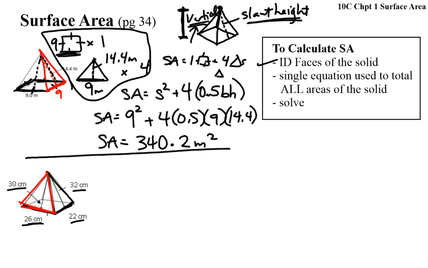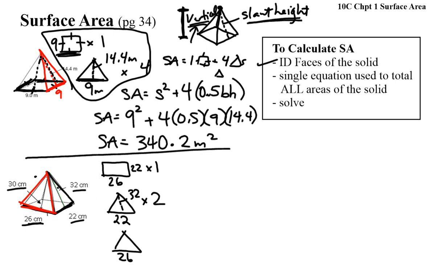So in our organization, what do we have? We have a 26 by 22 rectangle, one of them, and we have a 22 by 32 triangle, but we have 2 of them across from each other. And we also have a 26 by 30 triangle, and we have 2 of those.